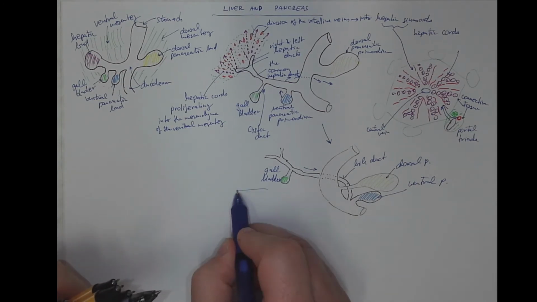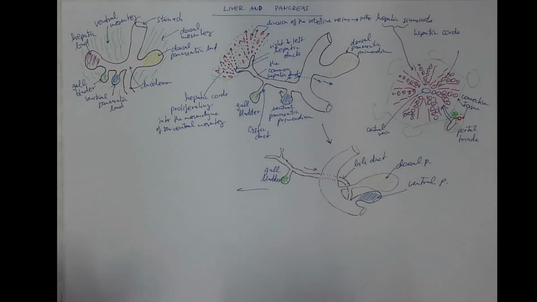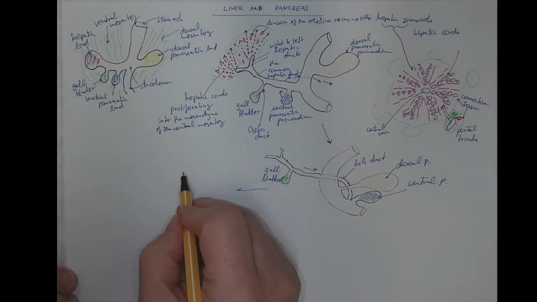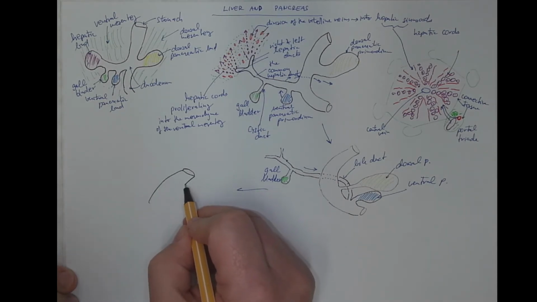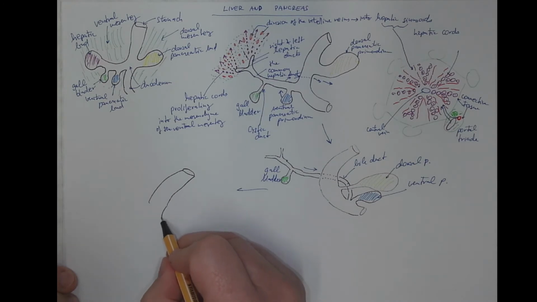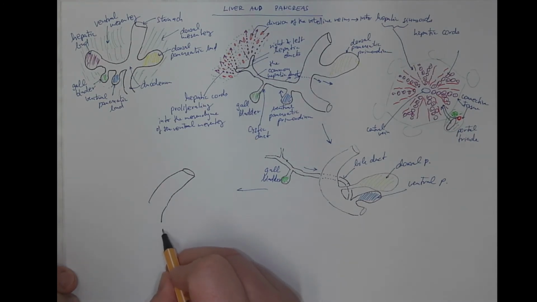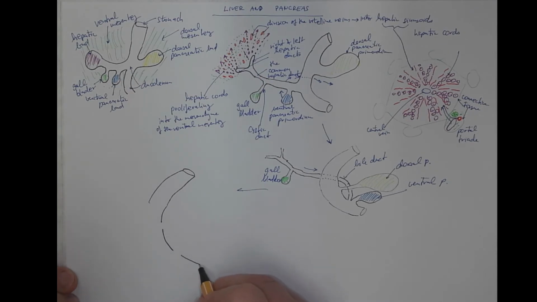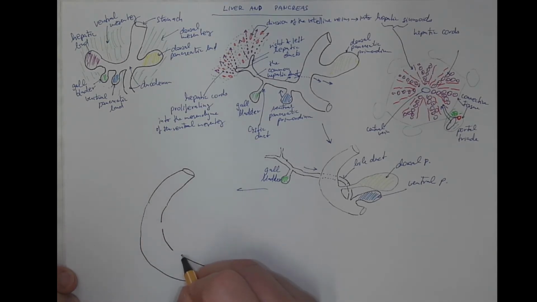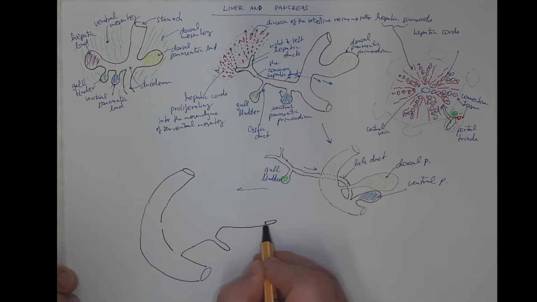Finally, we could explain the most common situation when we got here the duodenal wall, and here is the duct of the ventral pancreas, which will drain not only the former ventral pancreas, but in most cases it will also drain the dorsal pancreas.